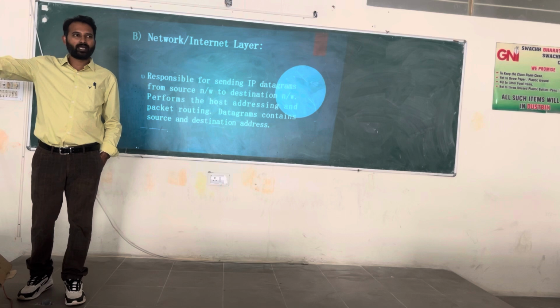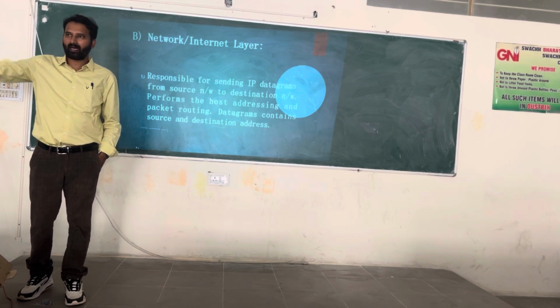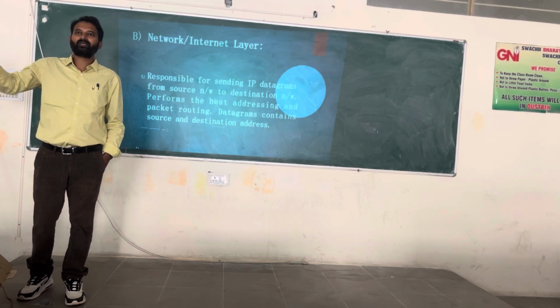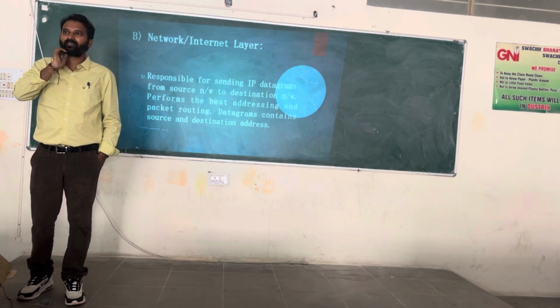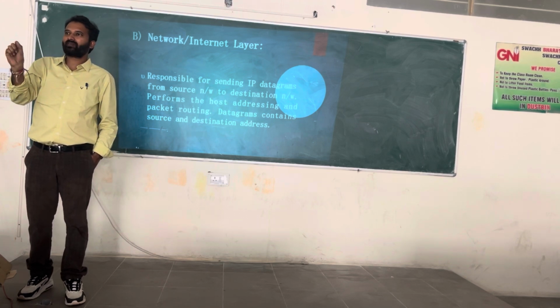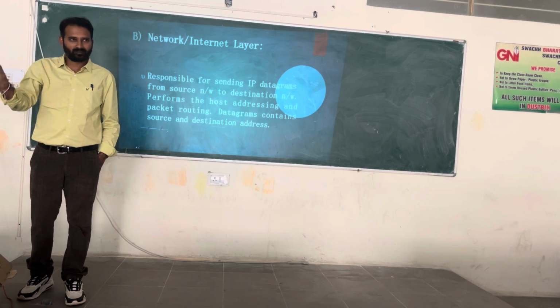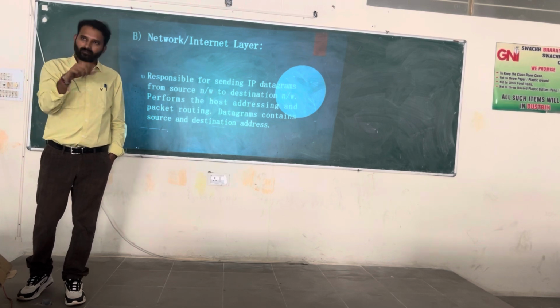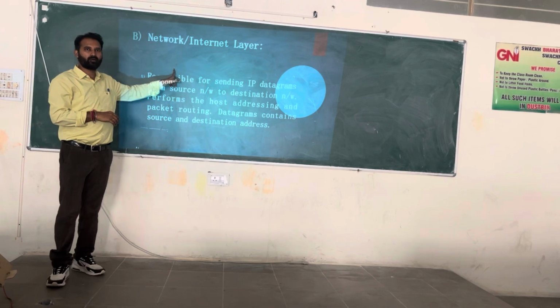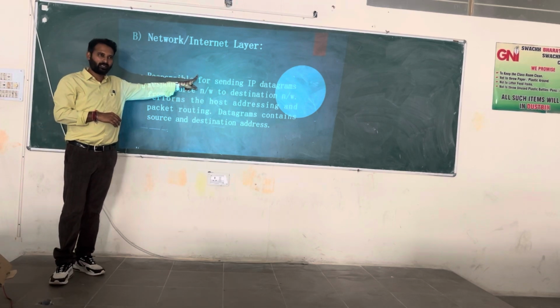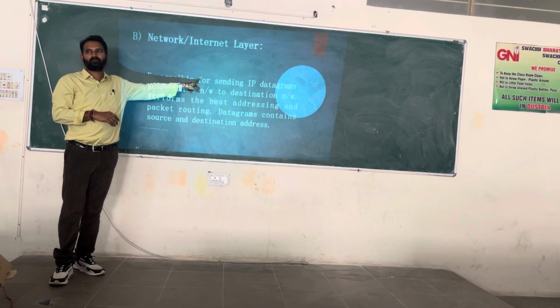Maybe you have seen the IP address of your personal computer in the lab. Have you ever checked it? Just go and check it. It starts like 255 or 155. That is unique, and that address is set up by the network layer or internet layer protocol.